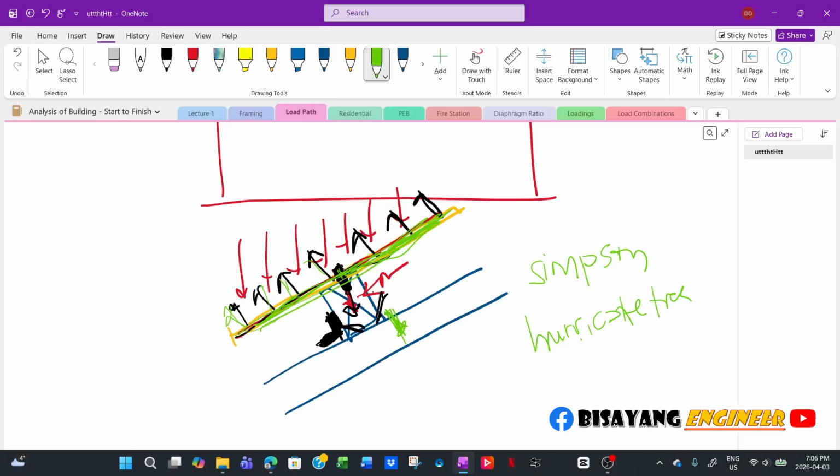That's why when we size the purlins in the roof framing, you have to make sure that you have the load capacity of this one identified or determined first before you size your purlins.